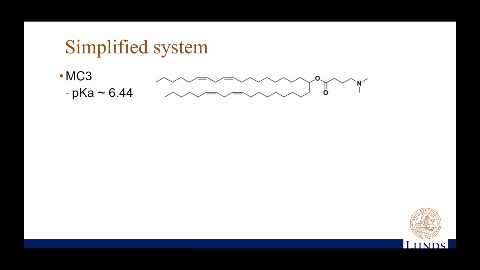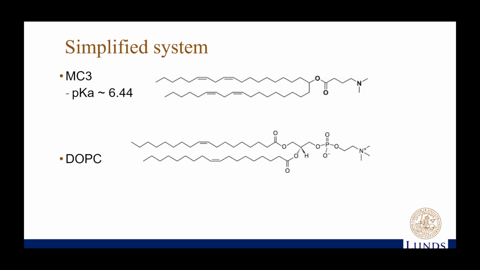As MC3 is not a bilayer forming lipid, and we would like to look at a supported bilayer, we use DOPC as a helper lipid, and we vary the ratio of MC3 to DOPC, so looking at 0, 5, 10, and 15% MC3 in order to look at its effect on the structure of the layer, and then also look at its interaction with mRNA.